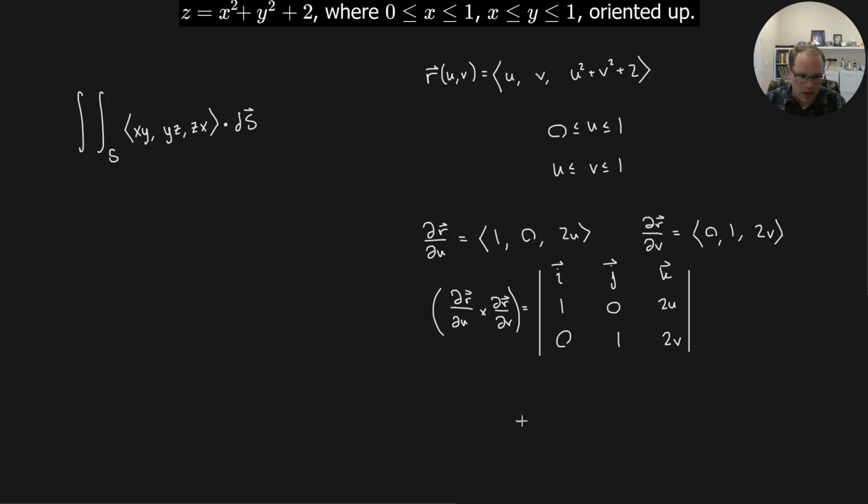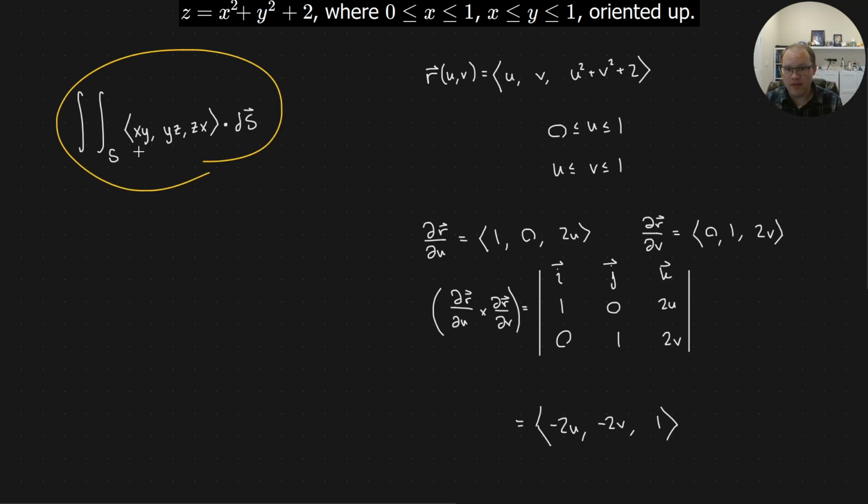And I get, for the i component, negative 2u. For the j component, I will get 2v, but it's the j, so another negative, so negative 2v. And for k, 1. And I will not take the norm because this is a vector surface integral.